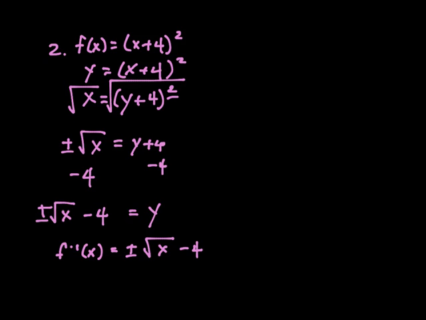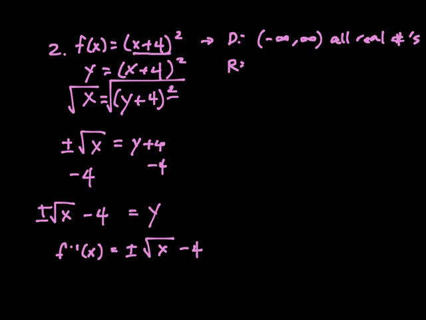Okay? Now let's look at the domain and range of the function. The domain, this is a parabola, so it's always going to be negative infinity to infinity, or you can write all real numbers. Okay? For the range, it's always helpful to look at its vertex.